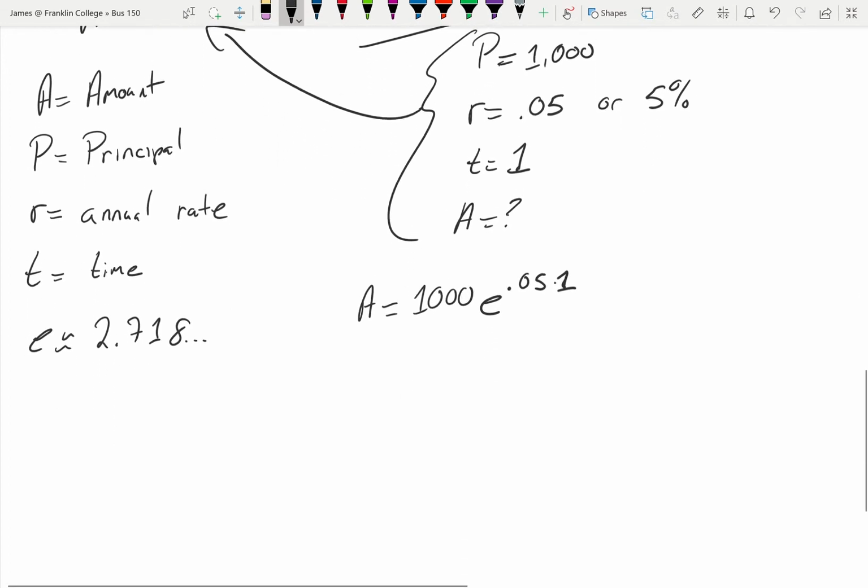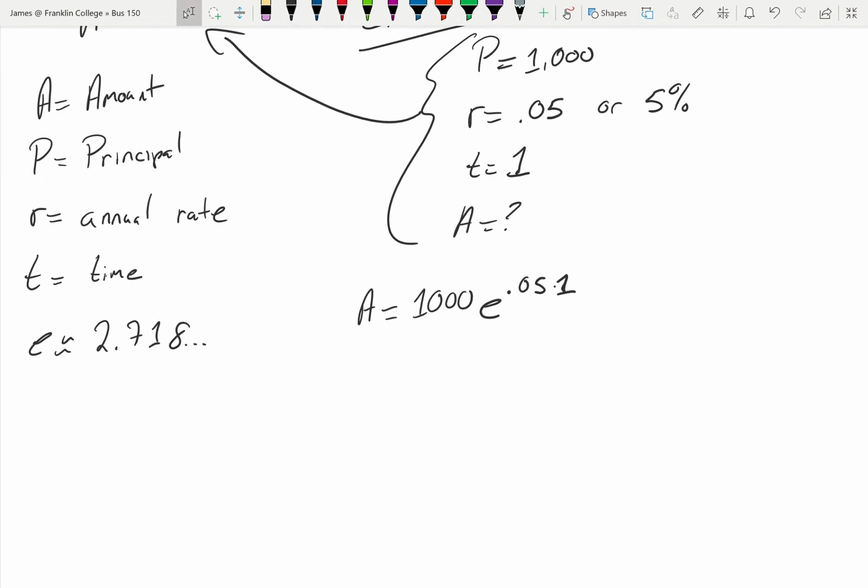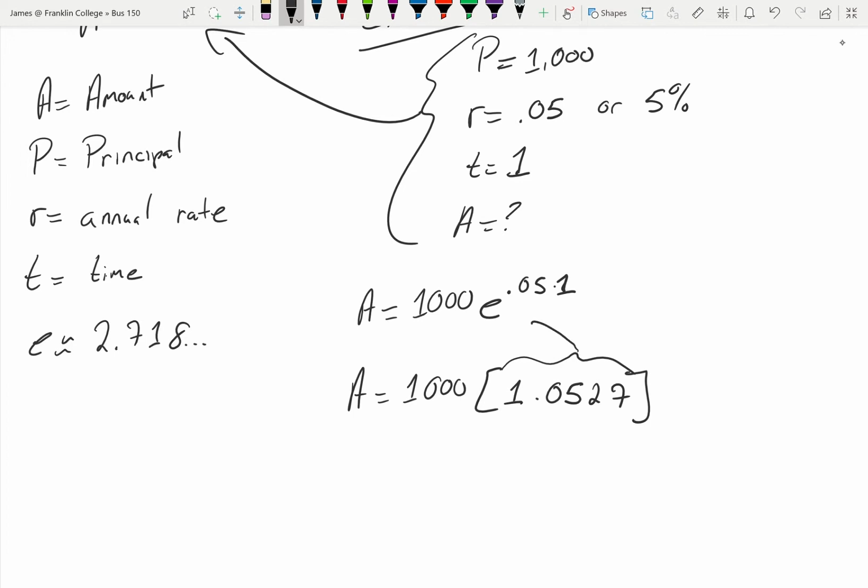Alright, so we are going to plug e raised to the 0.05 into our calculator, and we're going to get A equals 1,000 times 1.0527, I believe. And then note that this 1.0527, well, that is simply what e raised to the 0.05 is equal to.